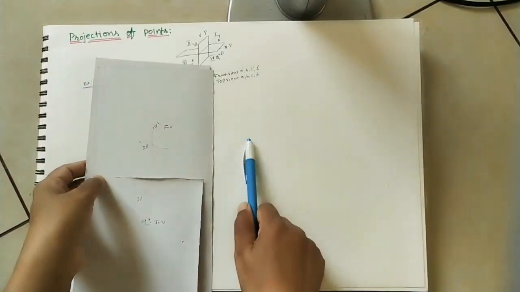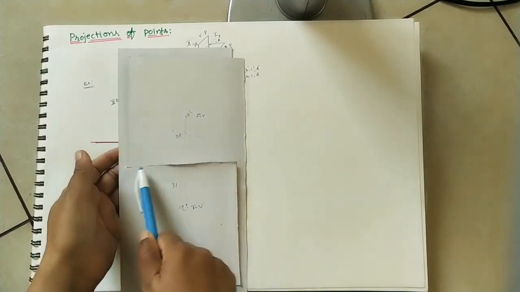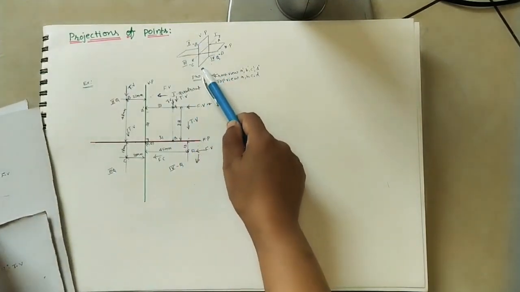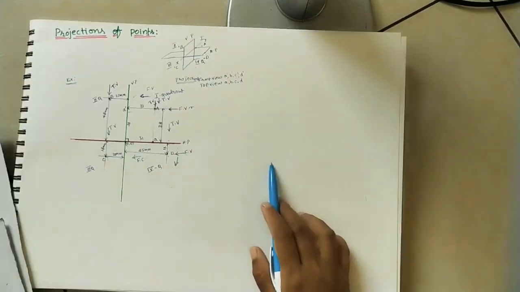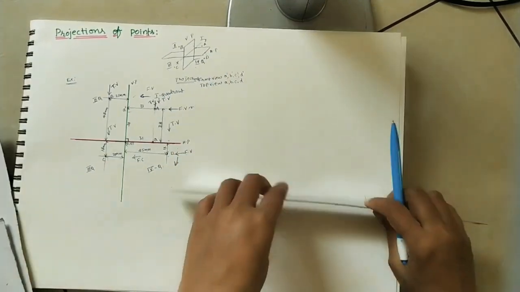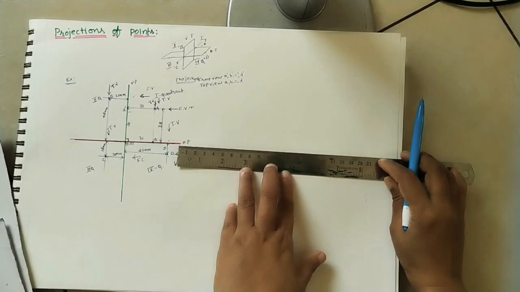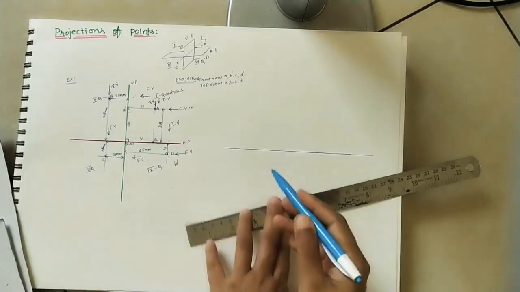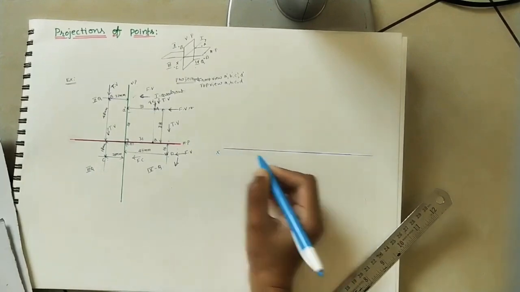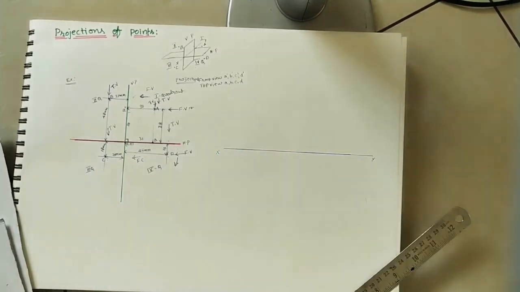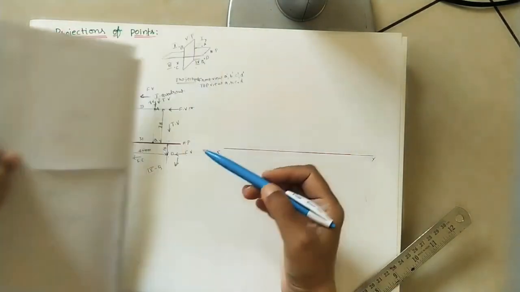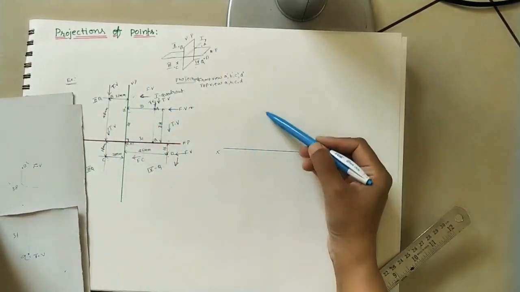For doing the projection, first we need to draw the XY line, which is passing through the vertical plane and horizontal plane. Here draw the XY line of any length. So I am drawing the XY line of some length. Just write down XY here. After drawing XY, mark a dash 38 mm above the XY line.